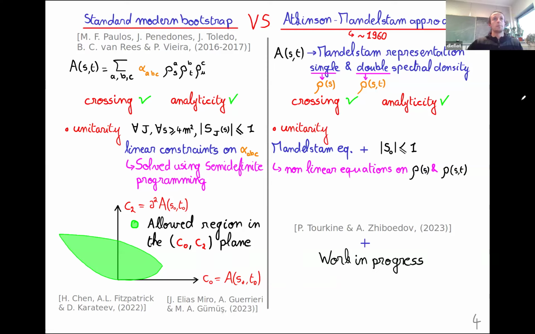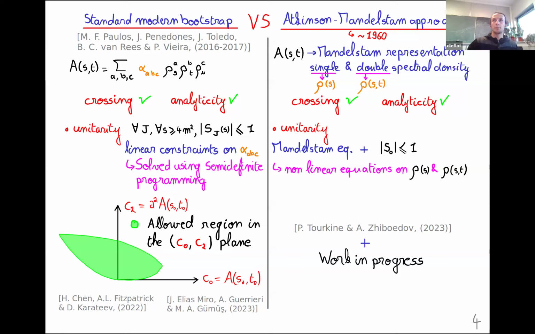Now we see two methods. On this side you have the standard modern bootstrap method, which was developed by Paulos, Penedones, Toledo, Van Rees, and Vieira. And on the other side, you have the Atkinson-Mandelstam approach.